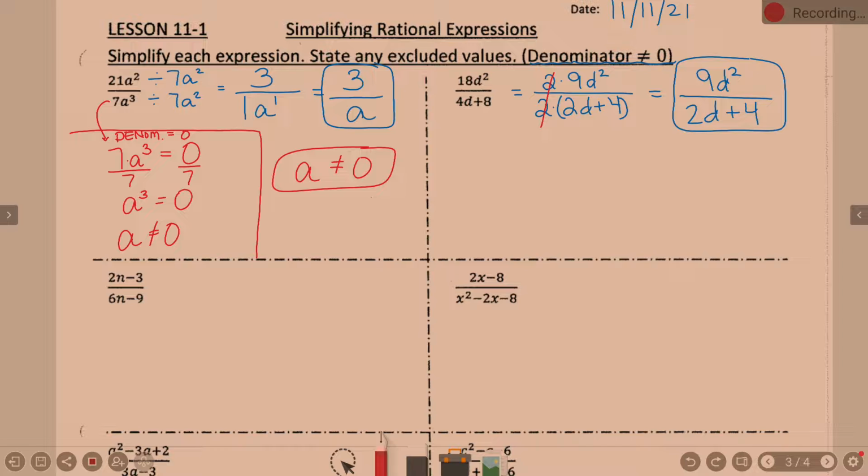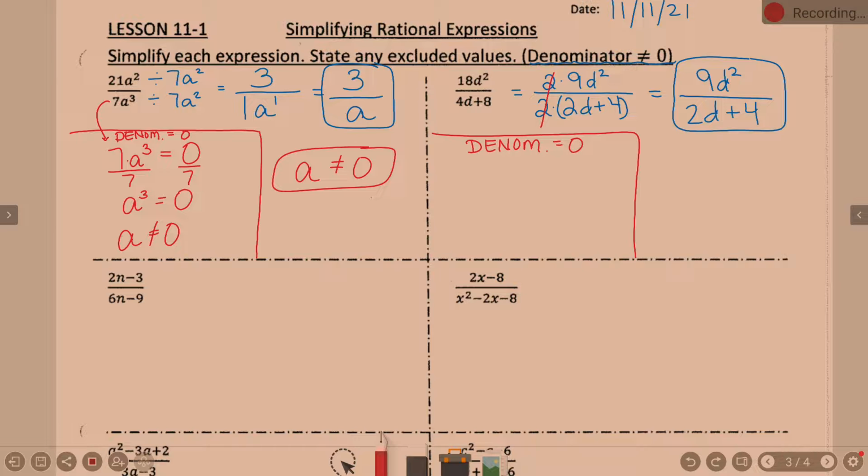There are two parts on all of these. In order to do this, we're going to set the denominator equal to 0. What was my denominator? 4d plus 8.